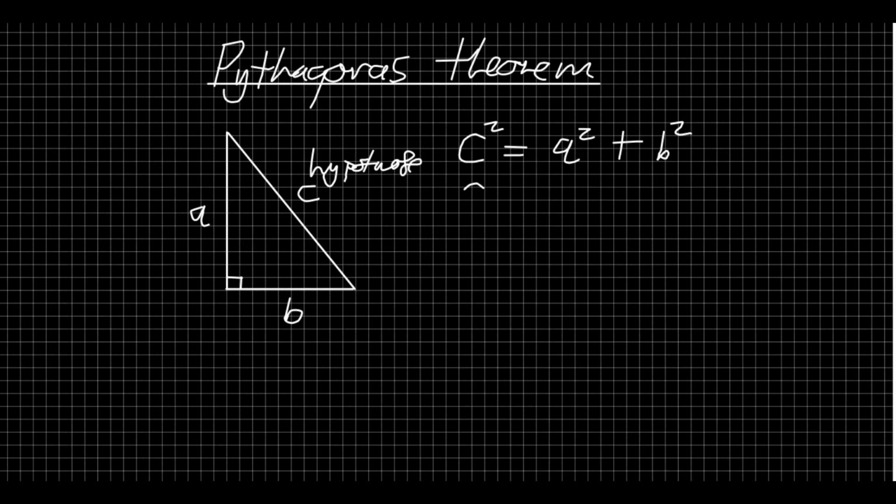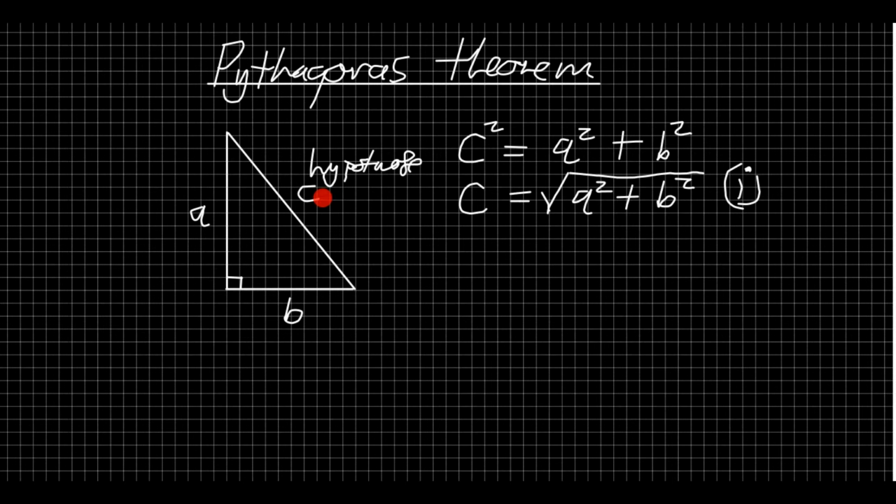To simplify this equation, side C is equal to the square root of side A squared plus B squared. So this is the first equation here. Let's name this equation 1.